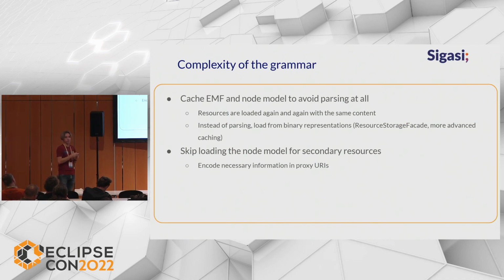For us, there were issues with this, so the binary deserialization gave a nice speed up. And during the parallel linking that Lieven mentioned, we don't need the node model, so whenever we deserialize those resources, we skip the node model and get a reduced memory footprint as well.